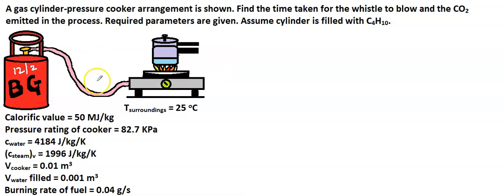Well, first of all, we have butane over here, and it's being burnt at the rate of 0.04 grams per second. And we know the energy that's going to be released for every kg of butane that is burnt. So let's calculate the rate at which energy is released.